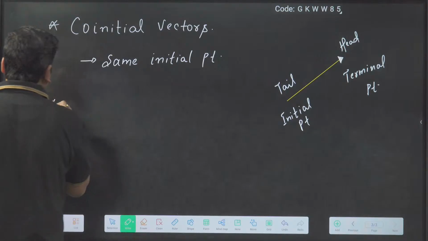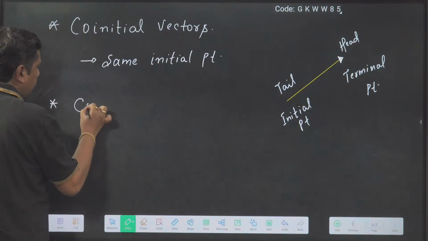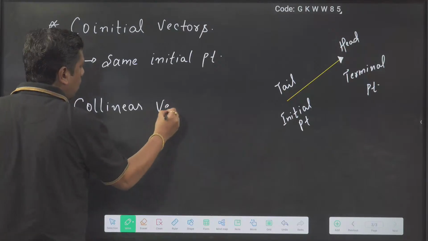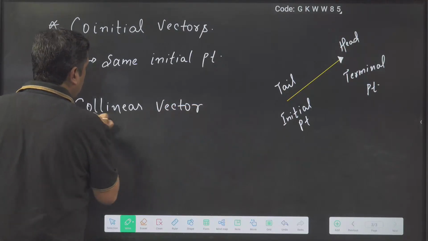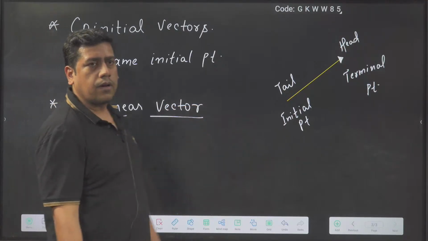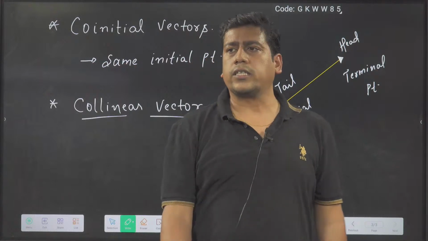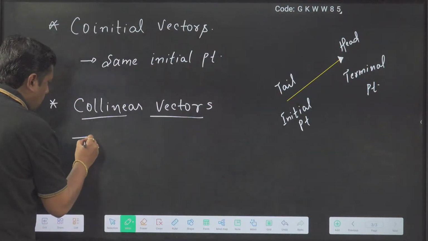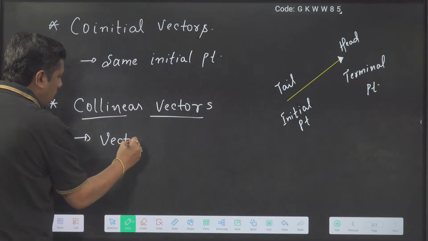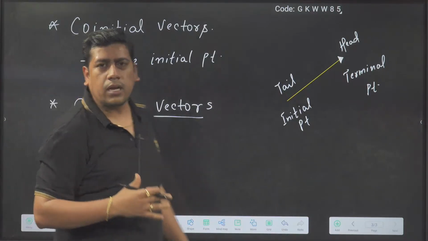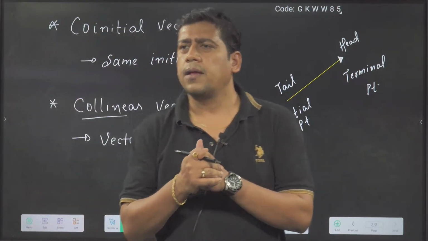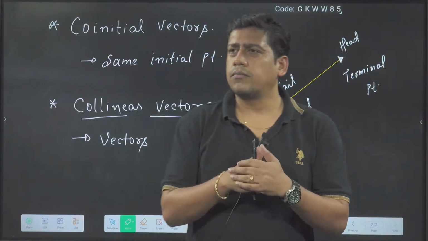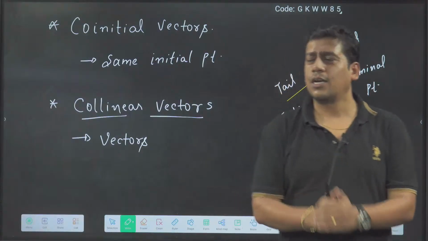Then we have collinear vectors, this one is important. What are collinear vectors? Anyone can tell me? Collinear vectors, any idea? Any help from Google? Come on.